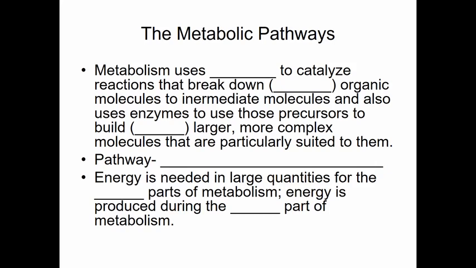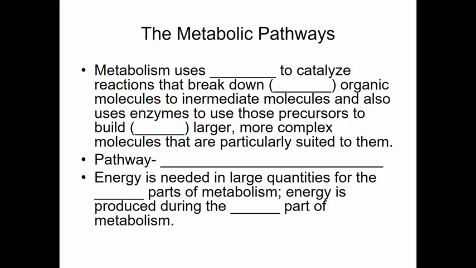What's involved in a biochemical pathway? What do we need to start with? Our starting compound is also called what? Substrate. We make intermediates, right? And then we make the products. Okay, so we're dealing with biochemical pathways.